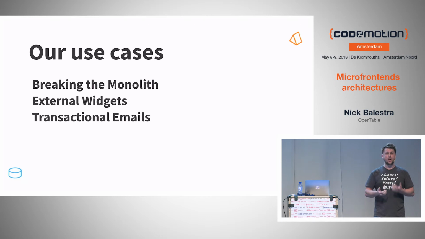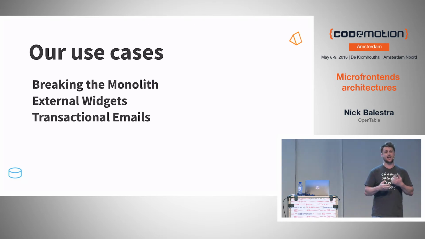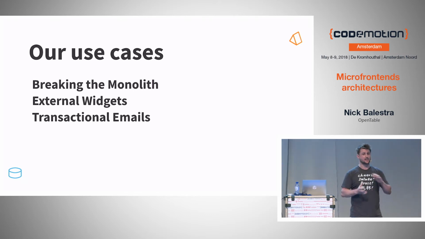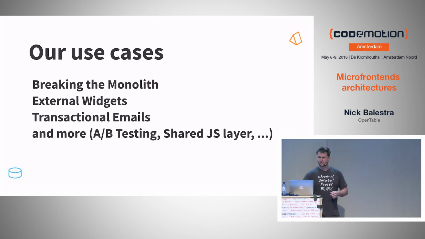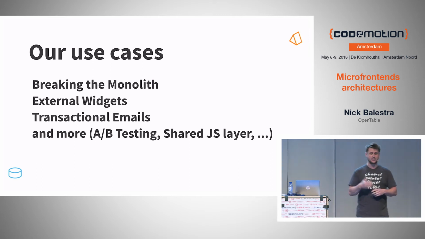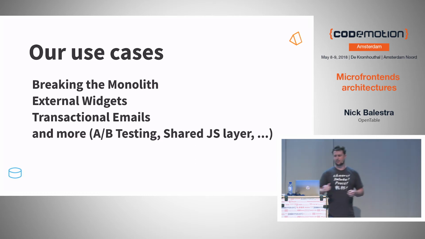And we said, why can't we shape it as a kind of microfrontend, where we can have multiple widgets that get rendered into what is an HTML email at the end? This will allow us some benefits that I will show you. And then some other examples, like A/B testing and a shared JavaScript layer, I will touch on slightly as well.